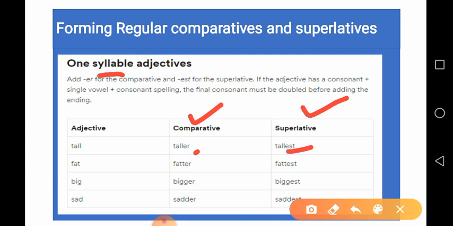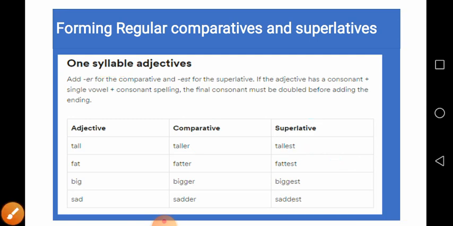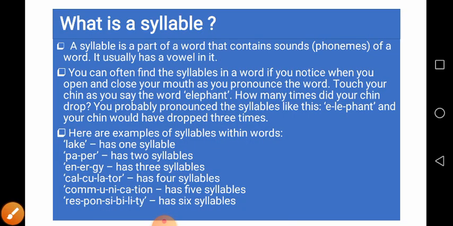So, tall becomes taller in comparative and tallest in superlative. Fat becomes fatter and fattest. Big, bigger, biggest. Sad, sadder, saddest.